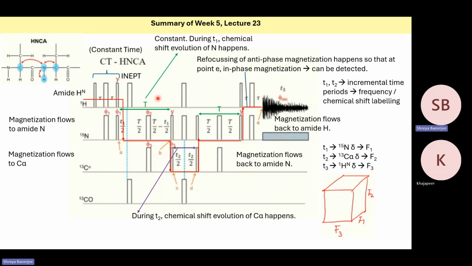So you have 3 incremental times, t1, t2, and t3. t1 is on the nitrogen, t2 is on the C alpha, and t3 is on the amide hydrogen. So these 3 incremental times correspond to the 3 frequency axes F1, F2, and F3 that are forming. And that is what is giving rise to your 3D spectrum.